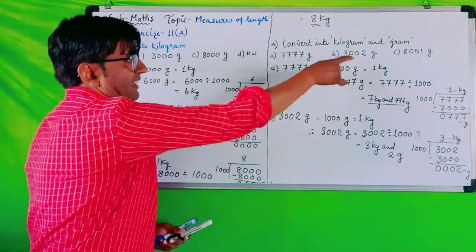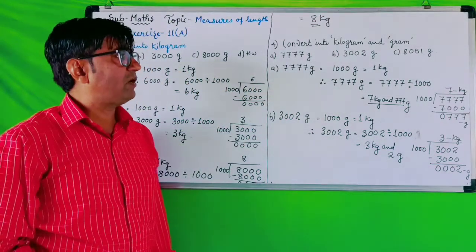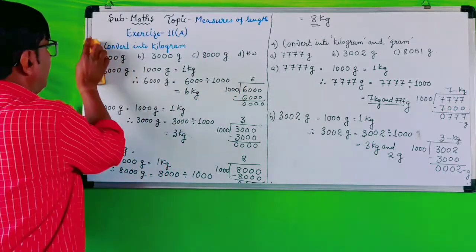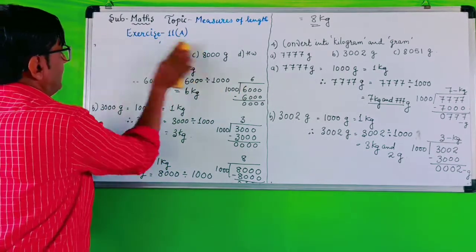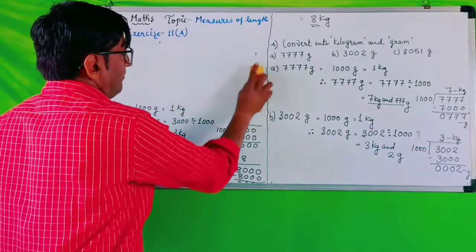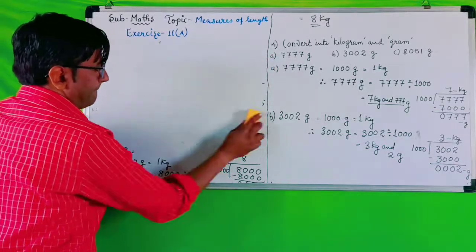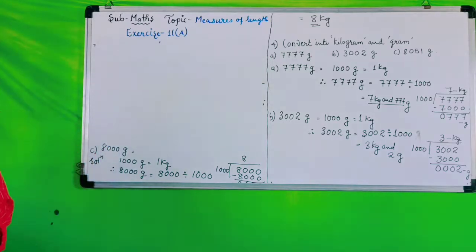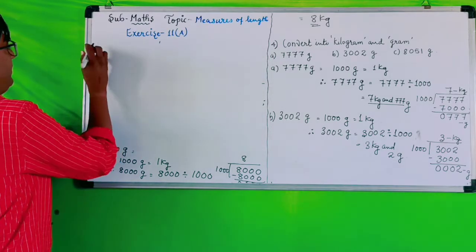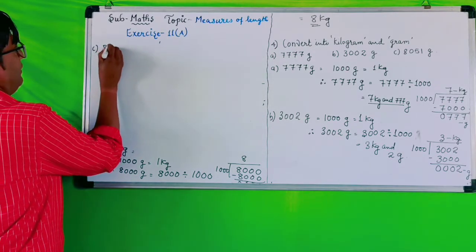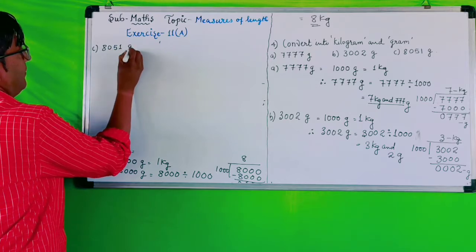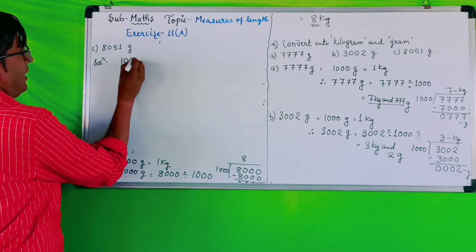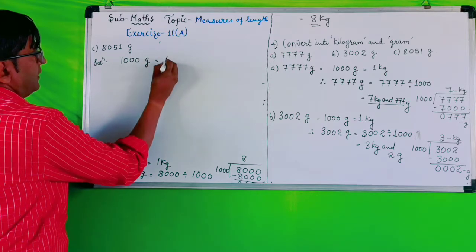Okay, now next one, C is 8,051 gram. I will solve here. Solution: 1,000 gram equals 1 kg.